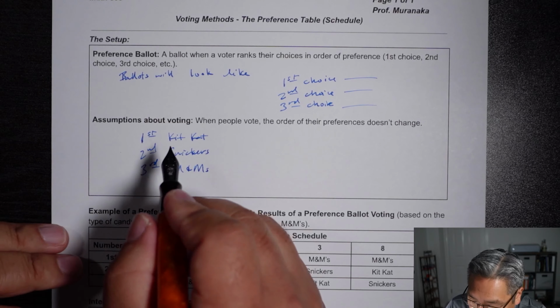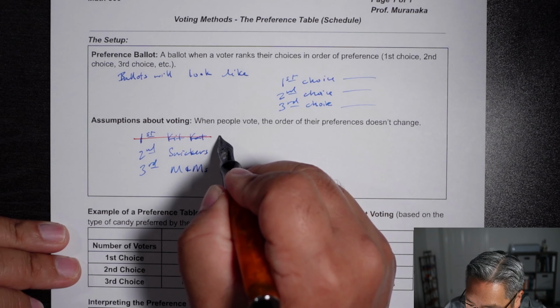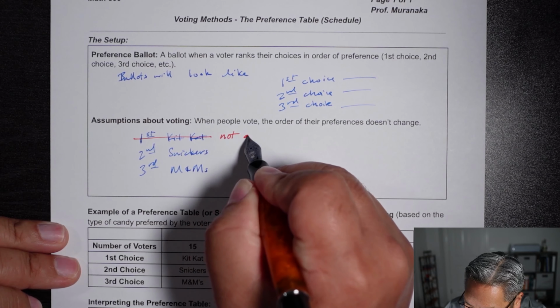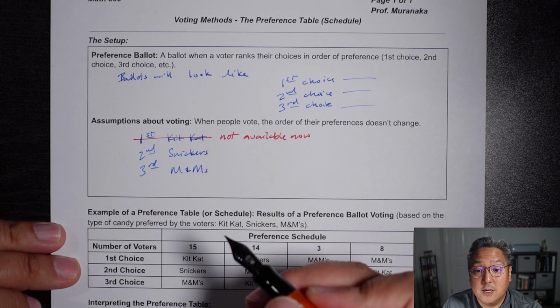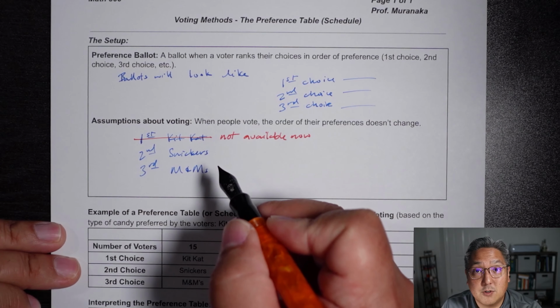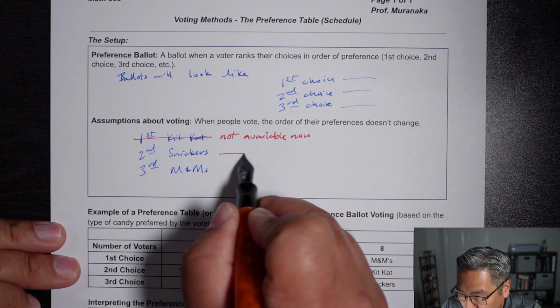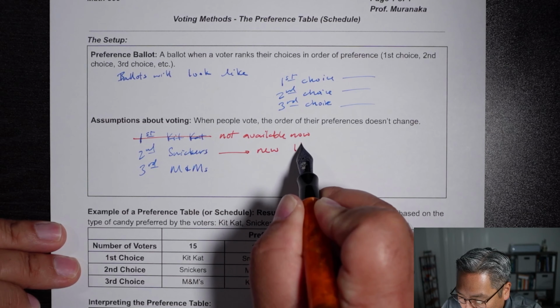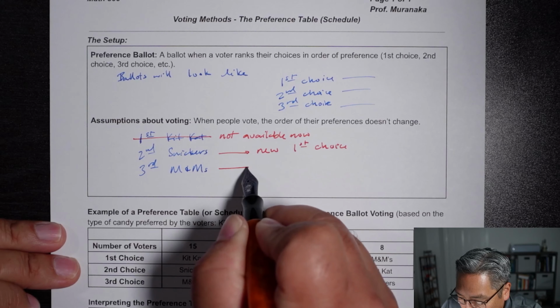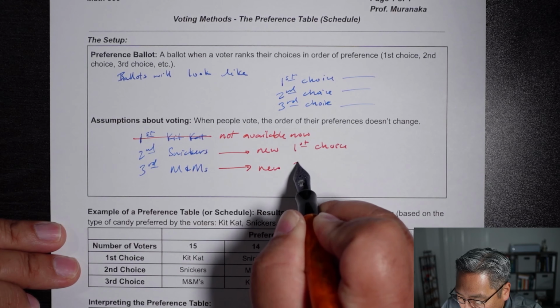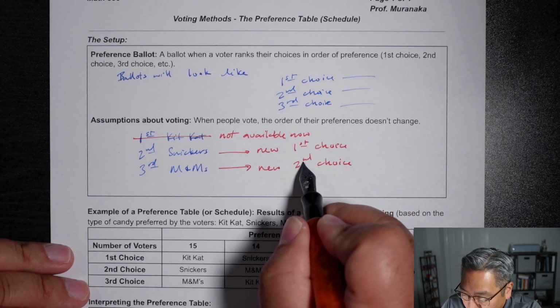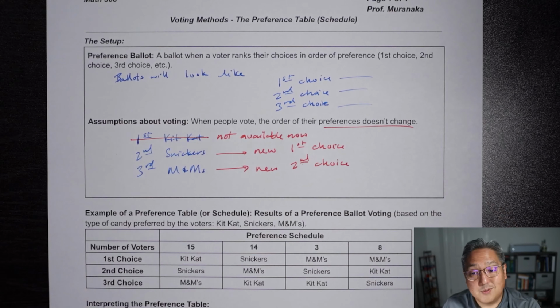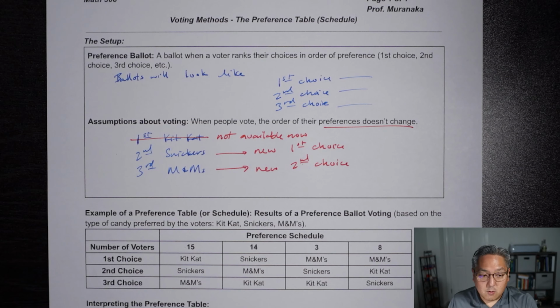What happens to your choices? Theoretically, nothing changes. You're still going to prefer Snickers over M&Ms. So Snickers is now the new first choice, and M&Ms becomes the new second choice. That's what we mean by preferences don't change, okay?